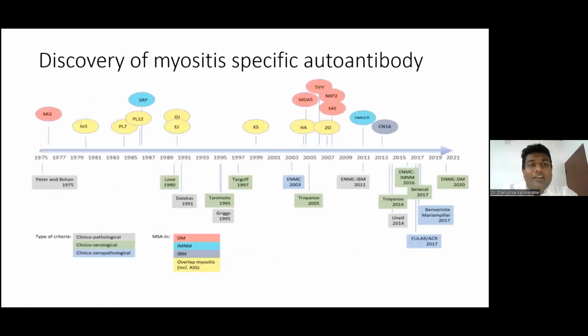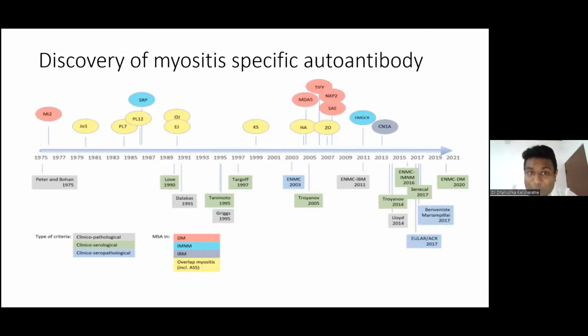But before that, we'll take a look at the discovery of these myositis-specific antibodies. They were first described in 1975. Mi-2 was the first to be described, followed by Jo-1. Up until 1991, most of the antibodies that were described are related to the anti-synthetase antibody syndrome.